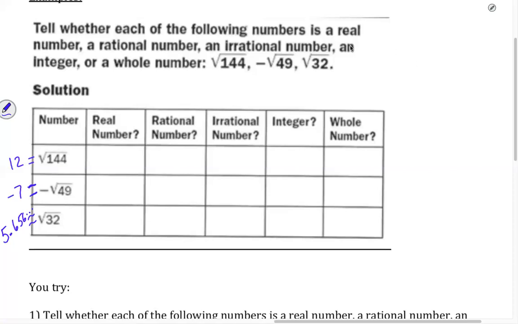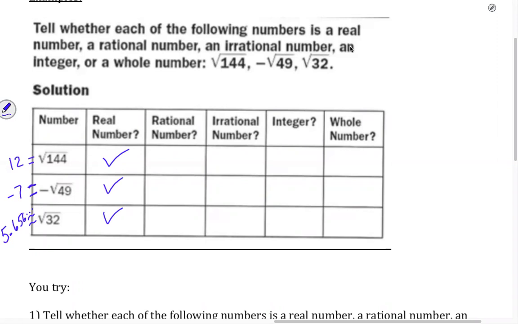Yeah. It kept going on and on and on. So here, a real number. All of these are real numbers because they're not the square root of a negative number. The second one, the square root of 49, the negative there, that is negative, but I'm not taking the square root of negative 49. So these are all real numbers.